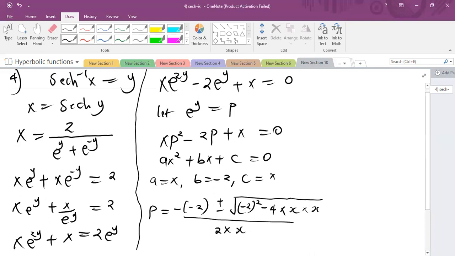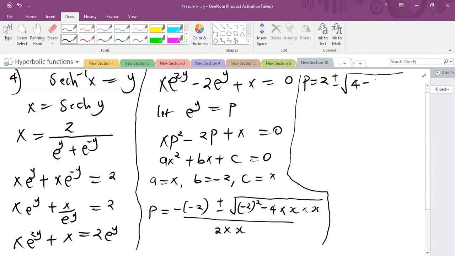So simplifying this, what do we get to be the value of our p? We'll have p is equal to 2 plus or minus the square root of, inside the square root sign, 4 minus 4x squared, all this divided by 2x. Now we can factor out the 4.